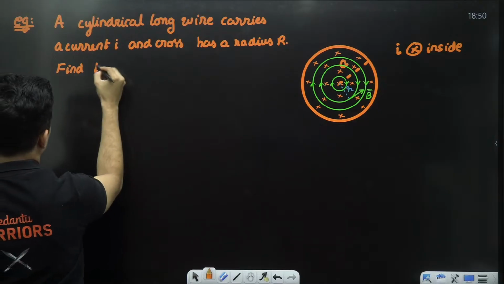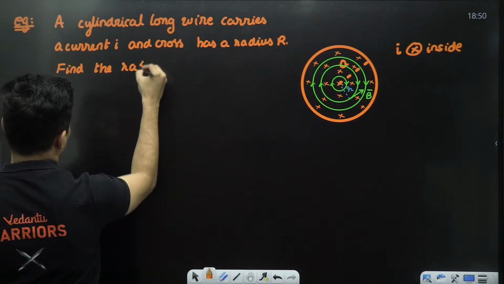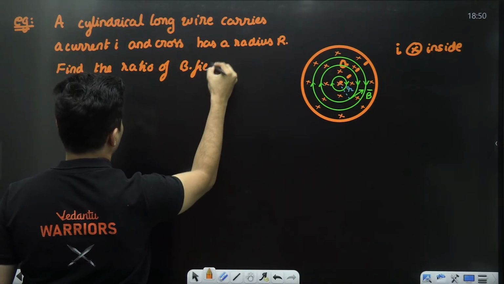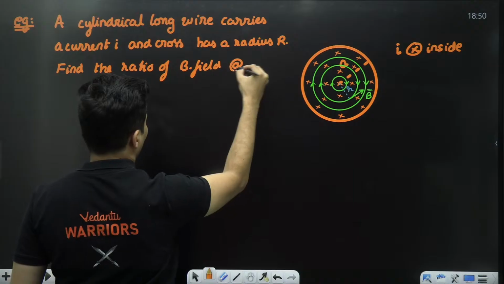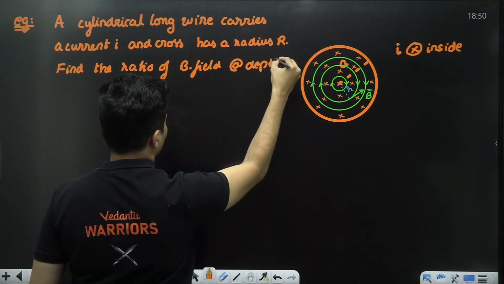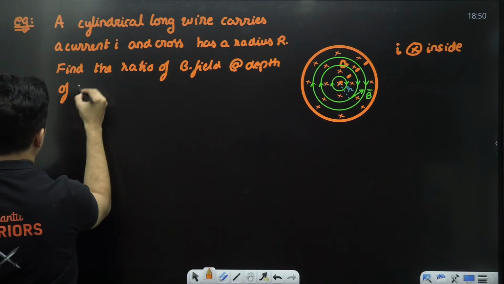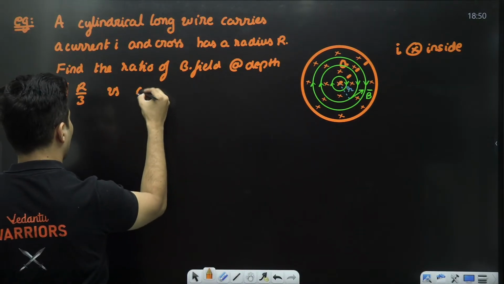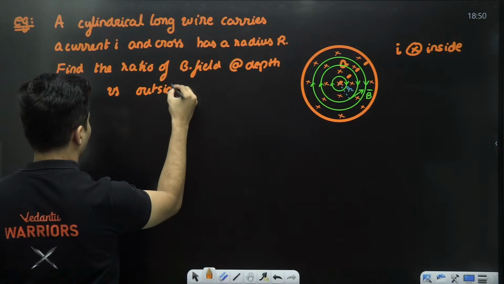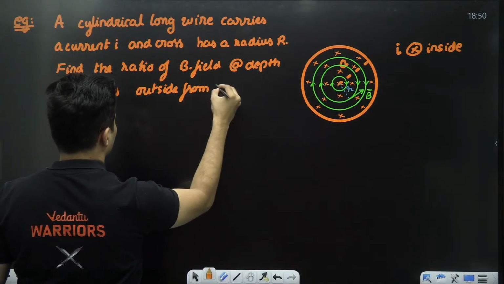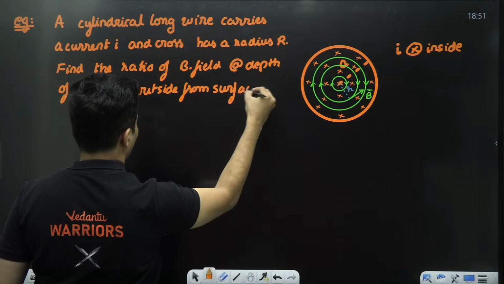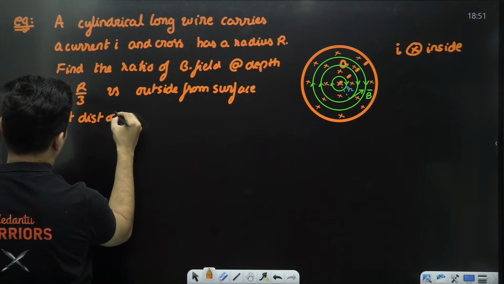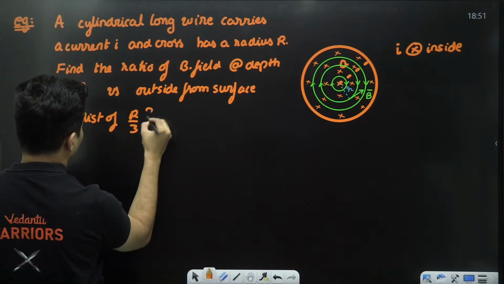Find the ratio of the magnetic field at a depth of R by 3 versus outside from the surface at a distance of R by 3.